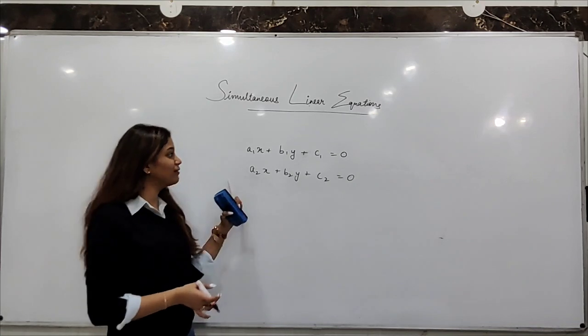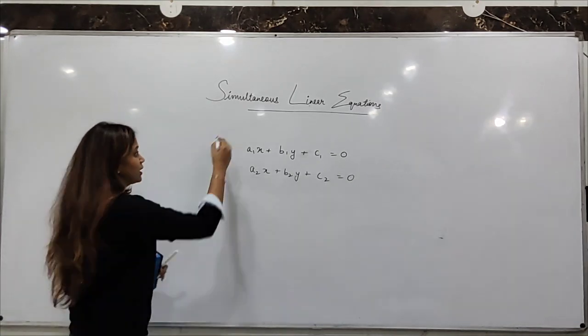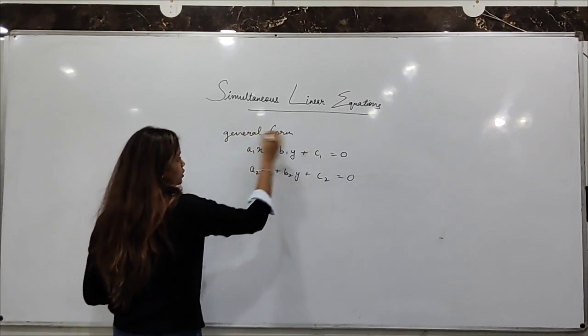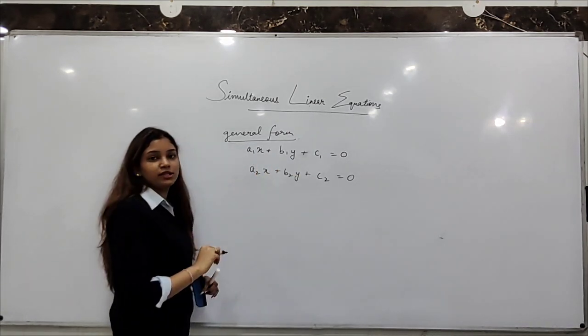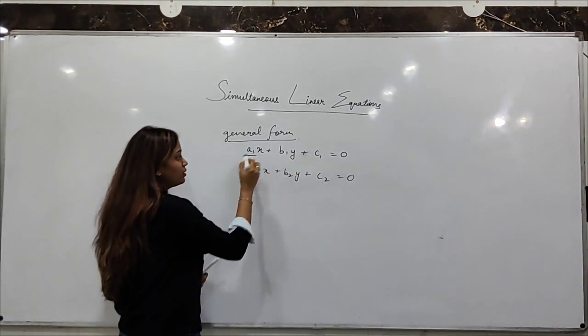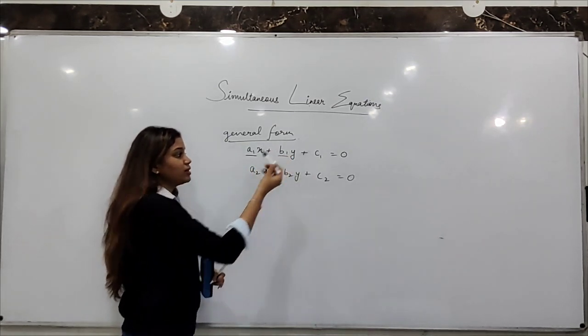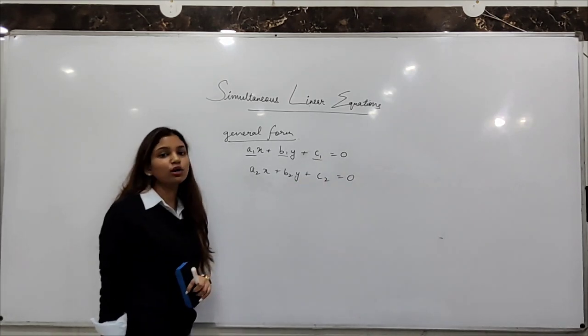Okay, so what I've written on the whiteboard right now is the general form of linear equation. This is known as the general form of linear equation. a1x plus b1y plus c1 is equal to 0. a1 is the coefficient of the variable x, b1 is the coefficient of the variable y, and c1 stands for the constant.